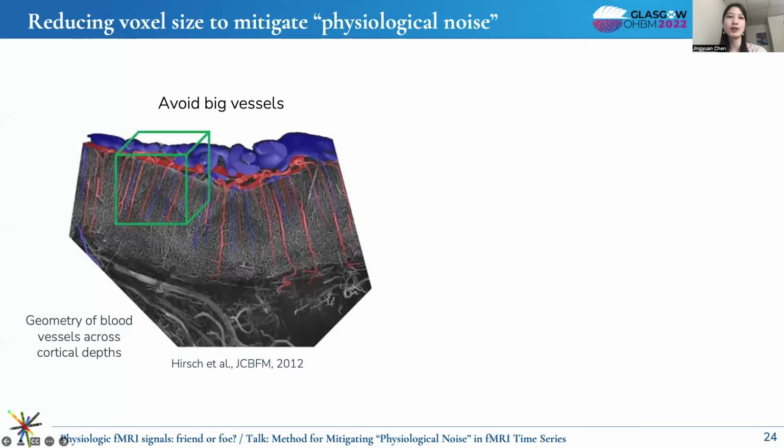For instance, with a big voxel, you always have contributions from those big vessels, which are more vulnerable to this physio noise. But by using smaller voxels, we can sample data from the parenchymal regions in order to mitigate the contamination from physio sources.